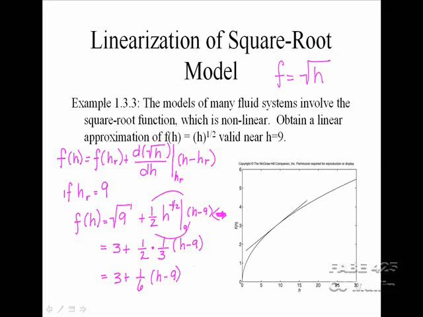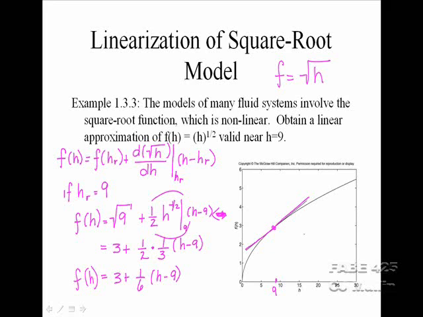And this equation that I've got, this f of h, corresponds to the equation that represents this line right here, which is the slope at the point 9. Actually, it's not the slope, it's the Taylor series approximation of this line right here.